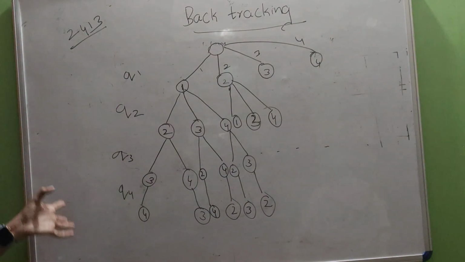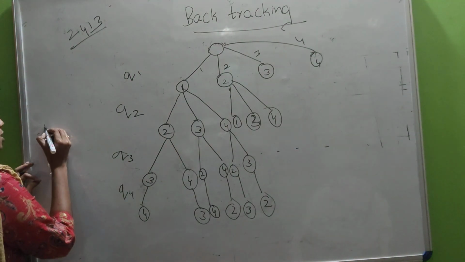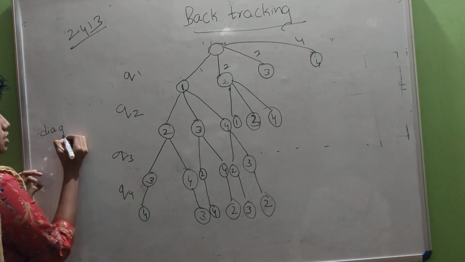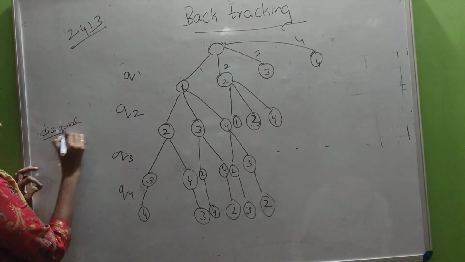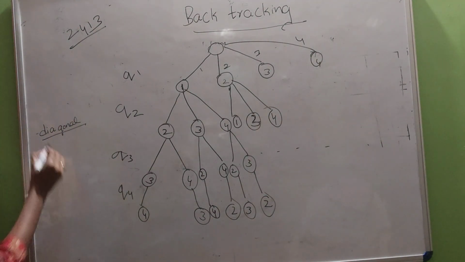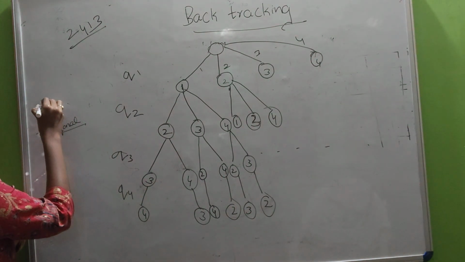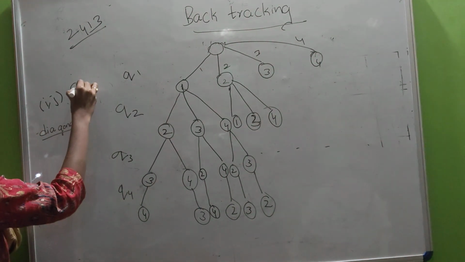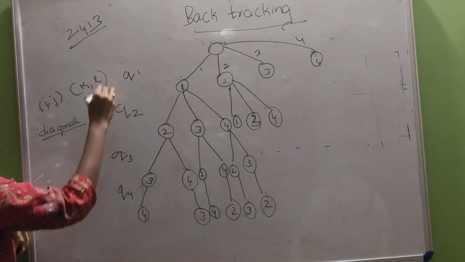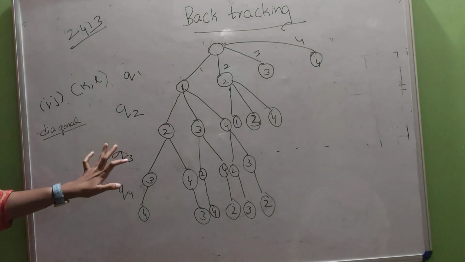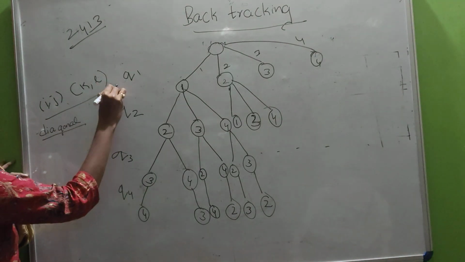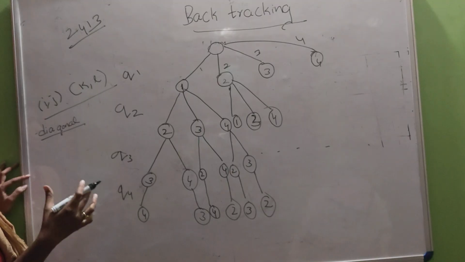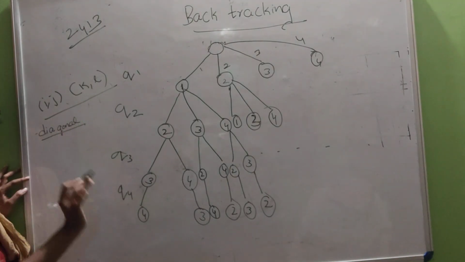Now for checking whether the given elements are on the same diagonal or not, we have one rule. Suppose there are two cells i, j and k, l. How do we find whether the given queens are placed on the same diagonal?